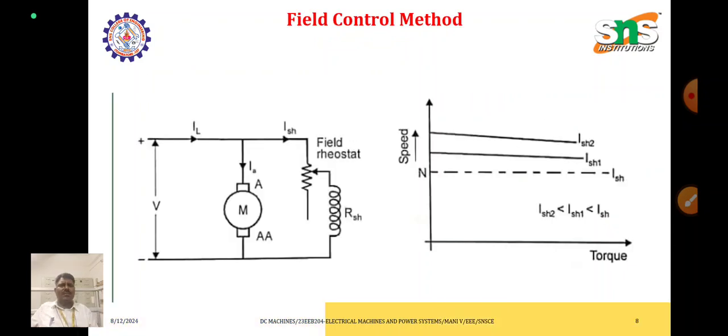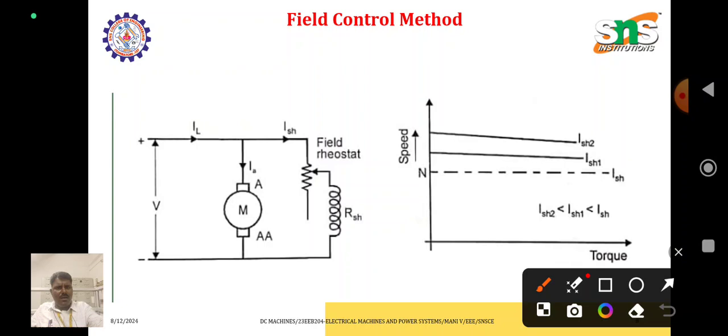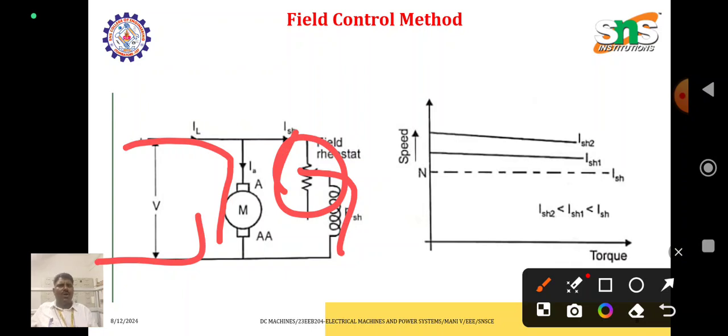And this is the field control method. Here the armature is directly connected with the power supply and the field is connected with a variable resistance. Initially the resistance is in the minimum position.